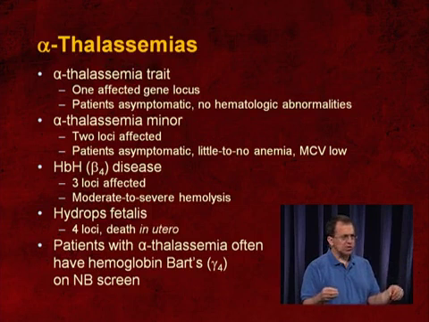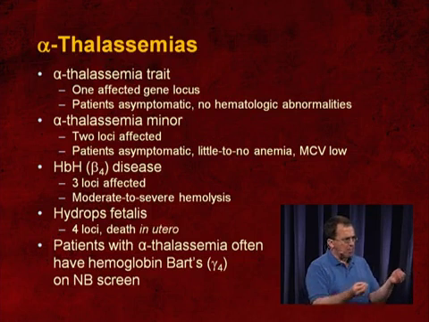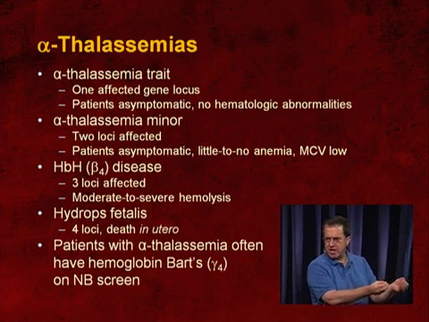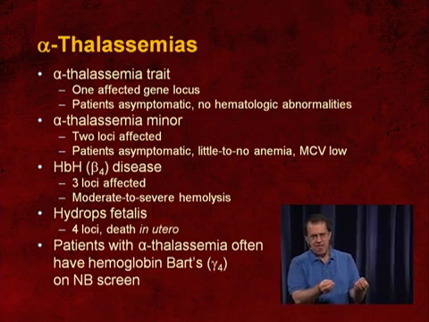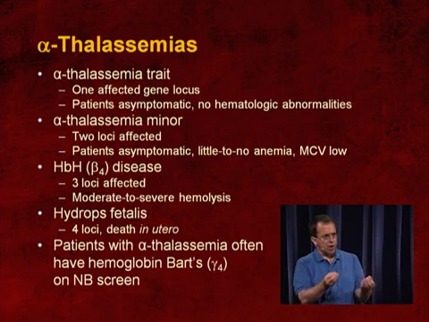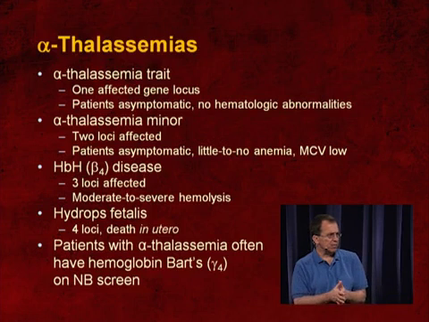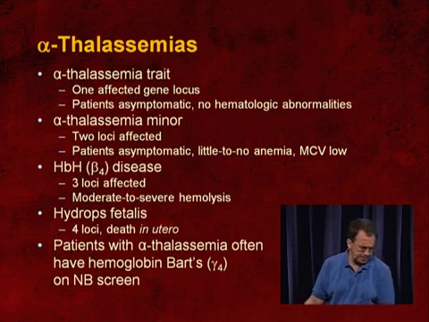Think about the genetics. What happens if I don't make enough alpha? What happens if I don't make enough beta? And I think if you go back to that basic understanding of what the hemoglobin tetramer is, and then start thinking about what could go wrong with that tetramer, understanding alpha thalassemia, understanding beta thalassemia becomes a lot easier. Okay.